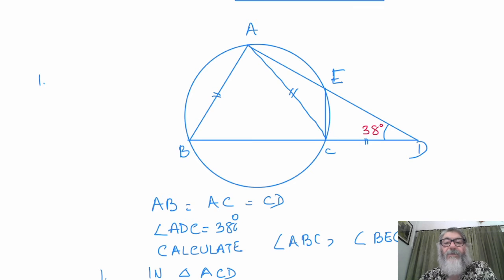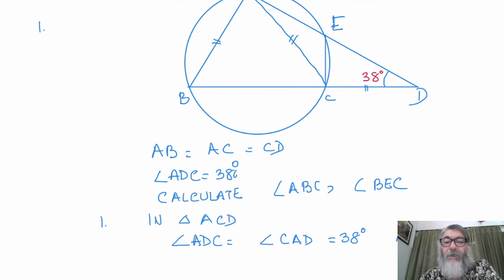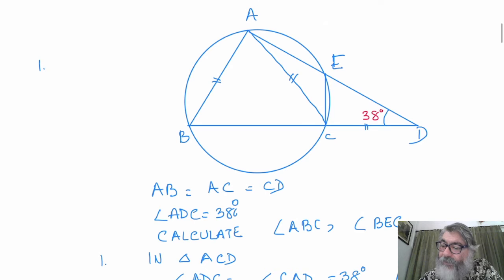If two sides of a triangle are equal, then the angles opposite to them are equal. If this is 38, then this angle will become 38.